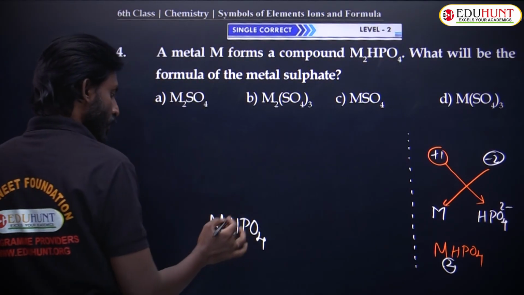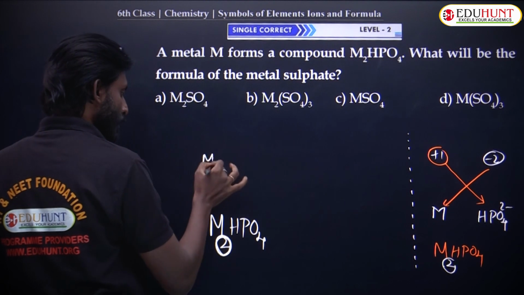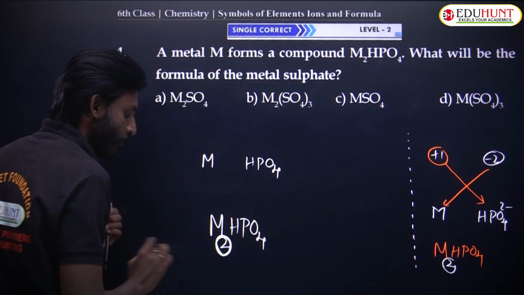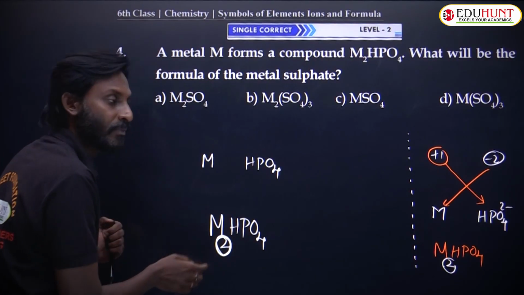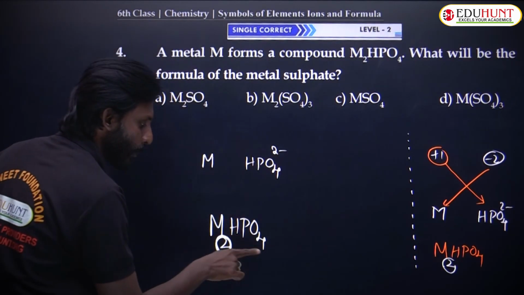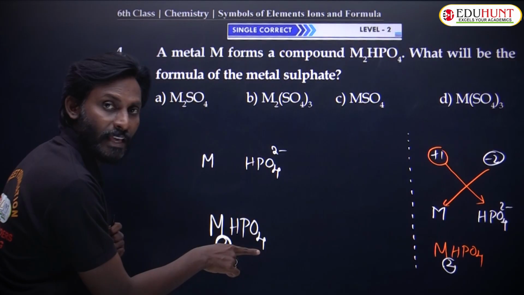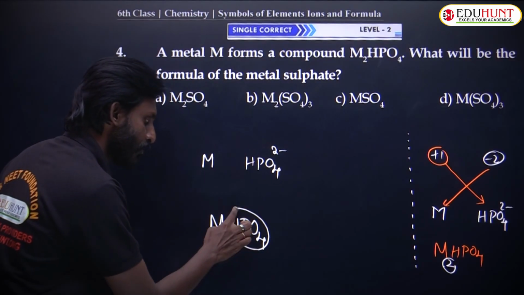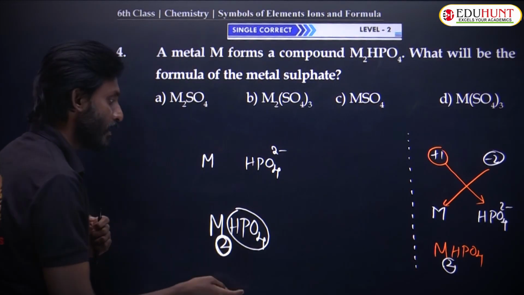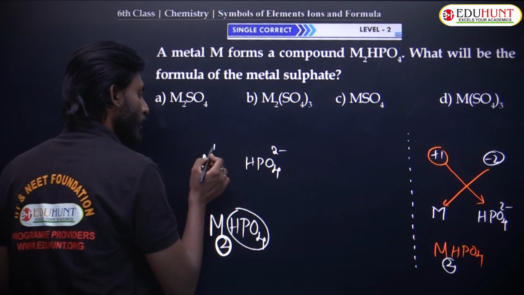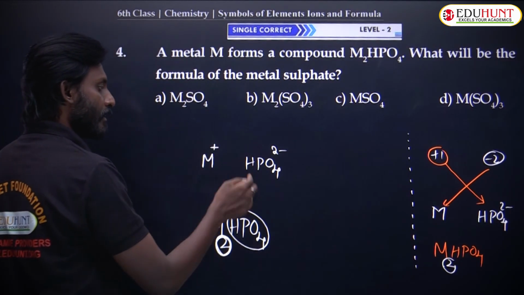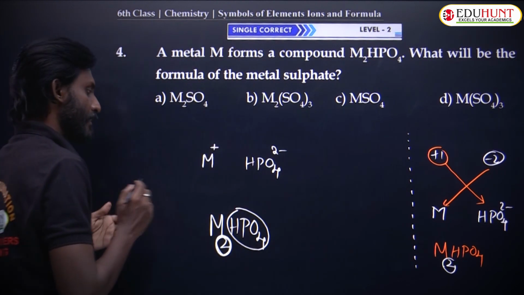So the point is, separately write M and HPO4. And what is the subscript of the cation? 2. That means 2 units of negative charge are present on the anion. What is the subscript of the anion? Nothing. HPO4, no subscript. Okay, that means 1 HPO4, because the charge on the metal is +1 only. The charge on the metal is +1. Then how will they be balanced? This is 2 negative, this is 1 positive. Yes, you have to take 2.